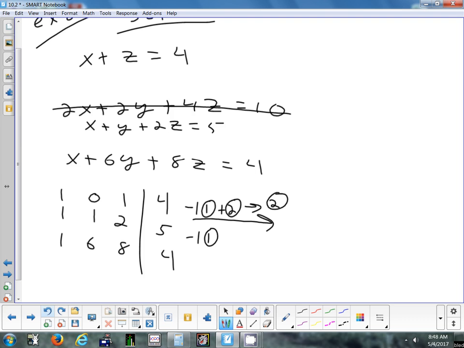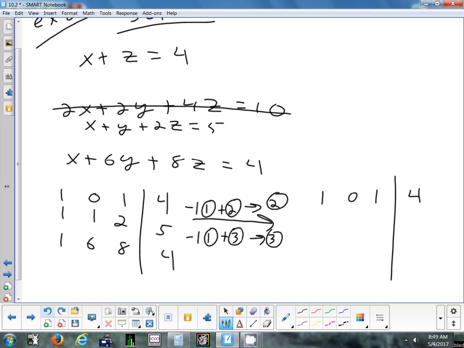Negative 1 times the first, added to the third, put the answer in the third. So now we have 6 multiplications and 6 additions. So we have 12 calculations we need to do. Row 1, we just copy. In terms of calculations, I don't count copying as a calculation.